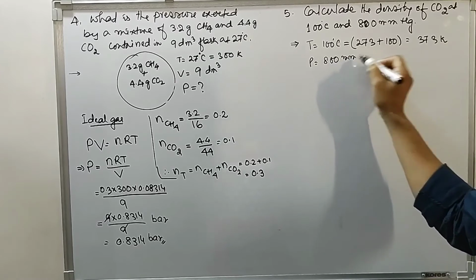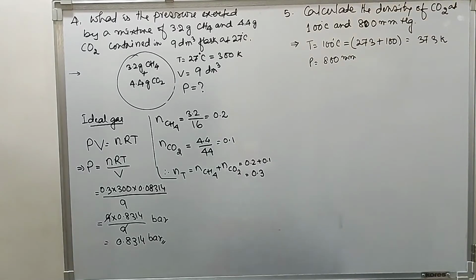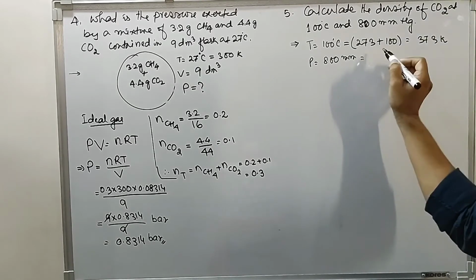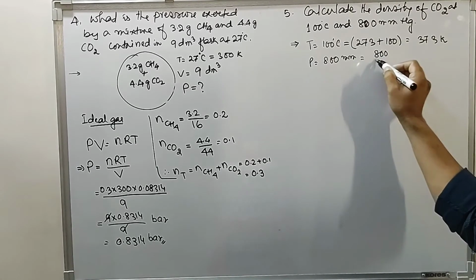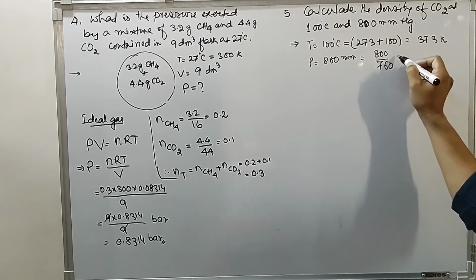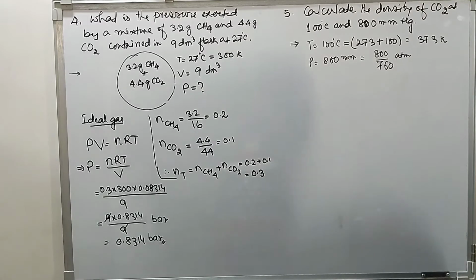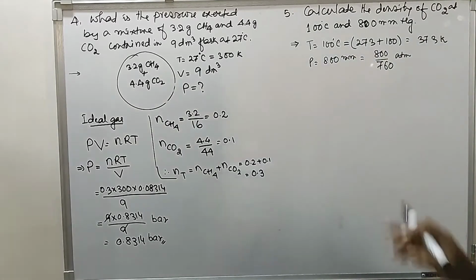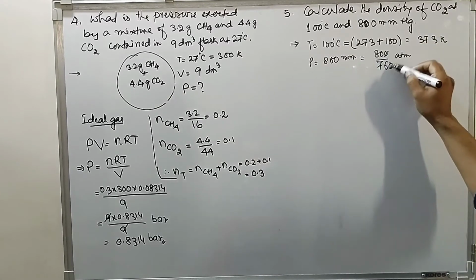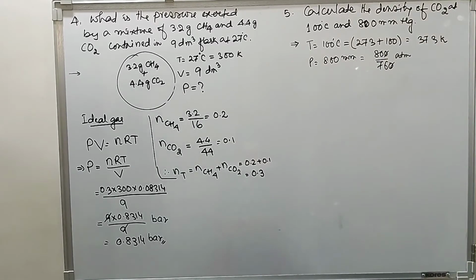Pressure is given as 800 mm mercury. Either you can convert this in terms of atm. So this is 800 divided by 760 atm, because 1 atm is equal to 760 mm of mercury. So this is the pressure in terms of atm.